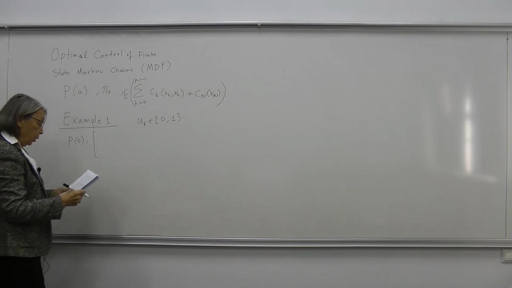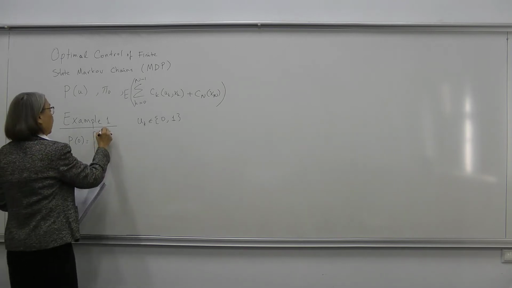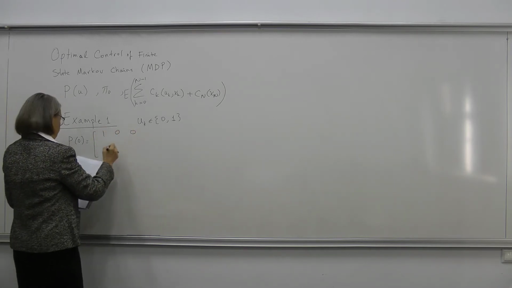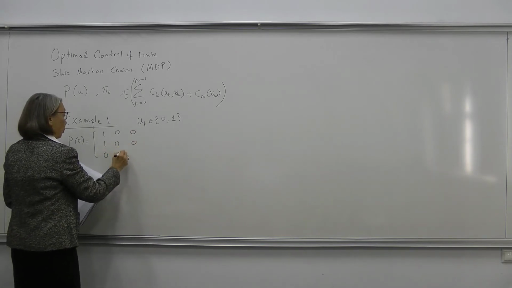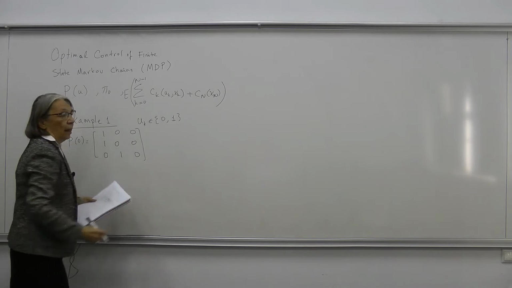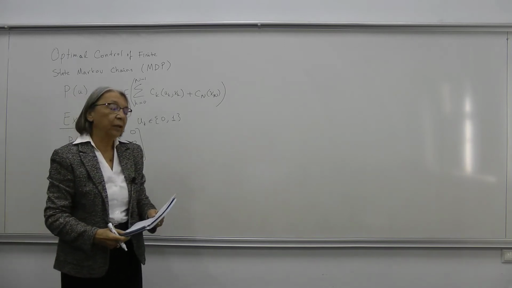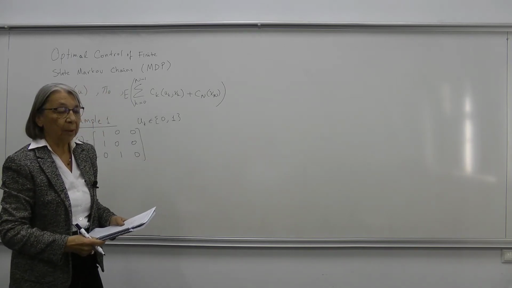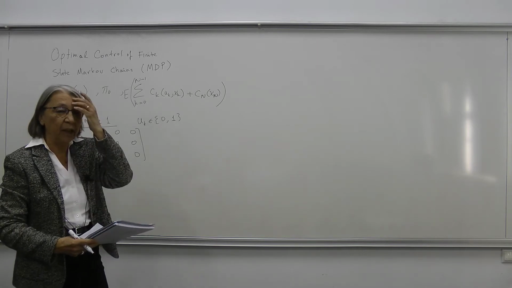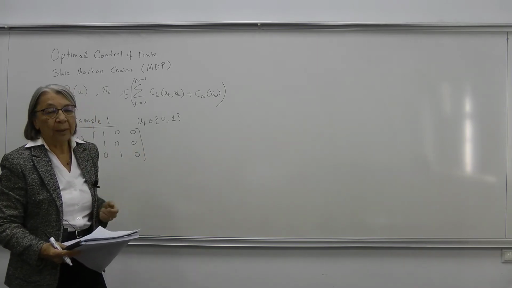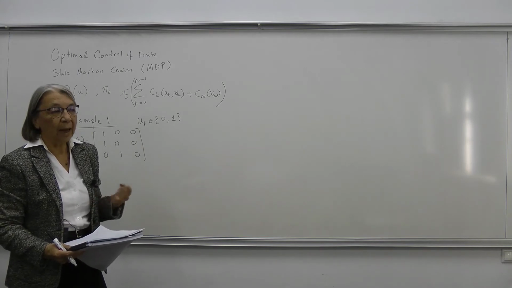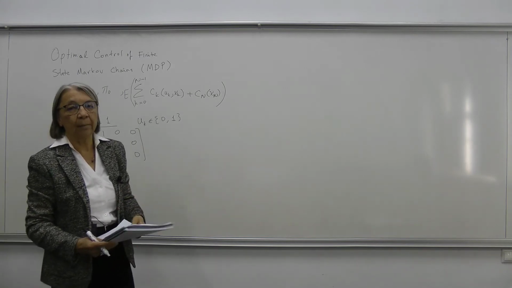I will define p of 0 as 1, 0, 0; 1, 0, 0; and 0, 1, 0. That is certainly a transition probability matrix, but it is a degenerate one because all the probabilities are either 0 or 1, so that corresponds to the deterministic case.